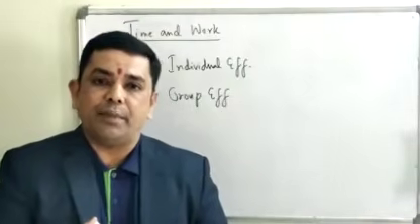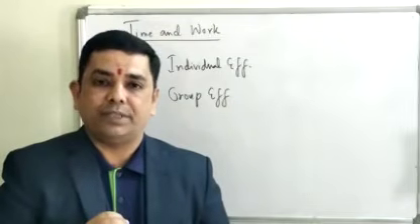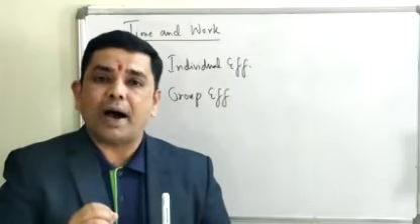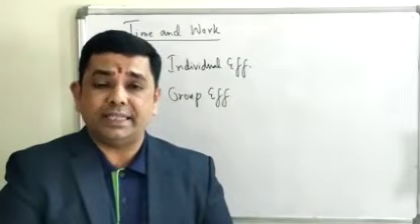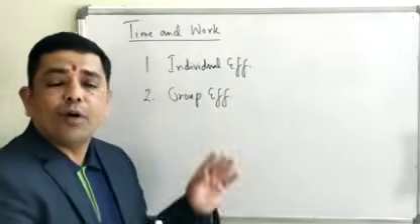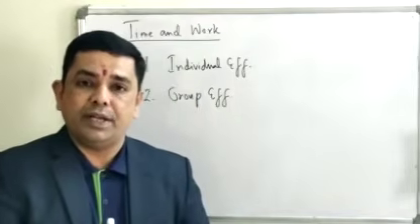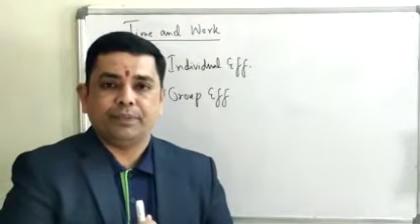Both these question types are going to be equally important for all of us. In the first few lessons, we are going to focus on the problems involving individual efficiency. Let us begin.